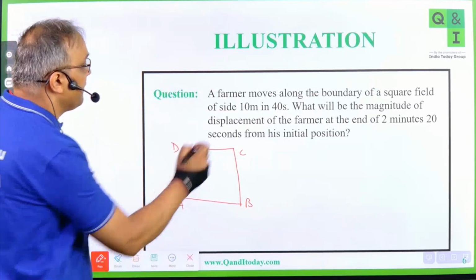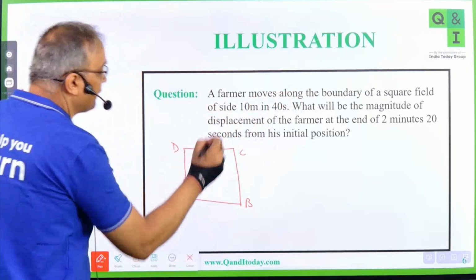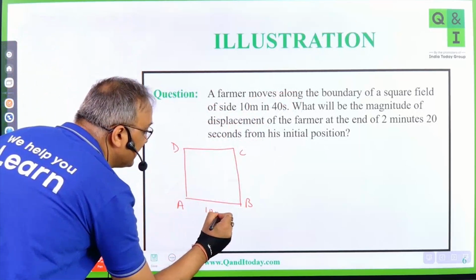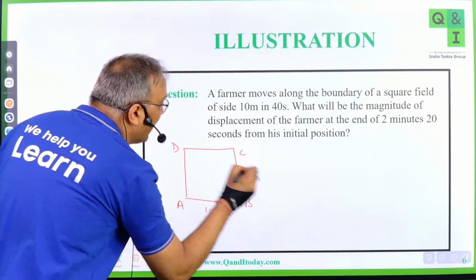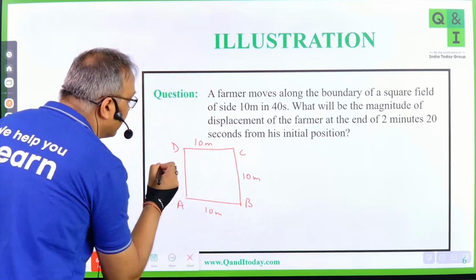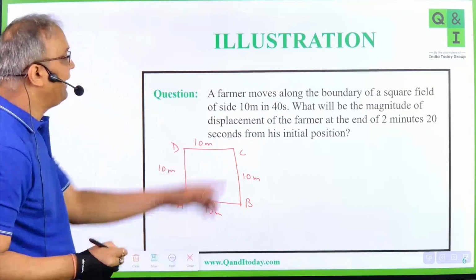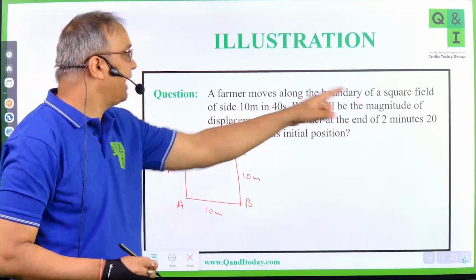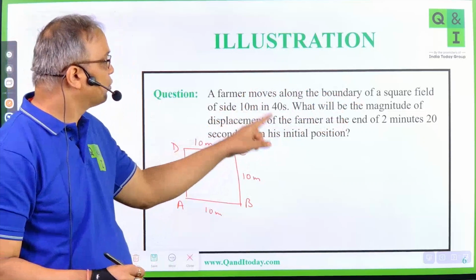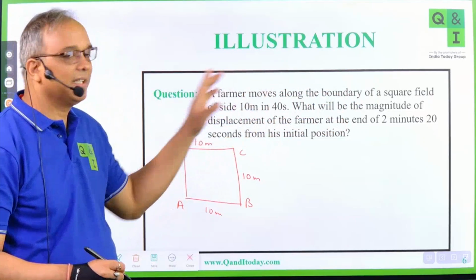The question says this is of side 10 meters, so each side of this square is 10 meters. He moves along the boundary of this square field in 40 seconds.